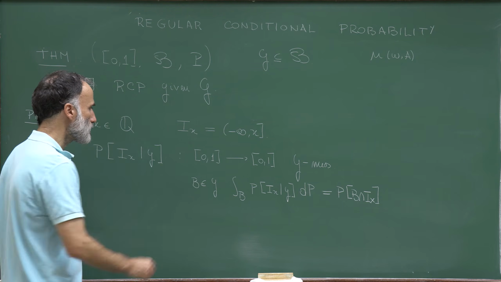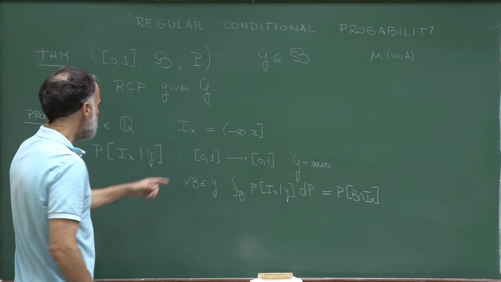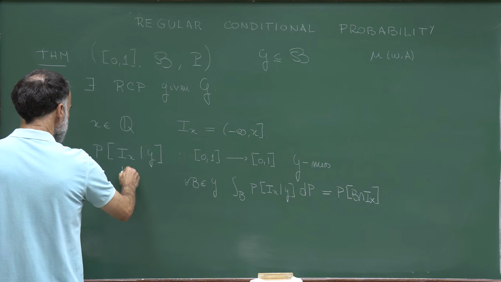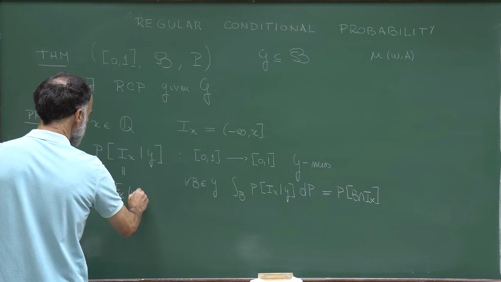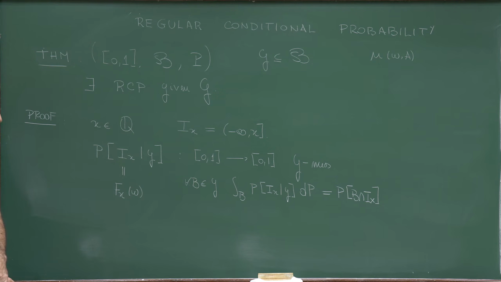And this holds for all sets B in G. I will represent this function as fx, so that function will be represented by fx of omega. This is my notation for this conditional probability.